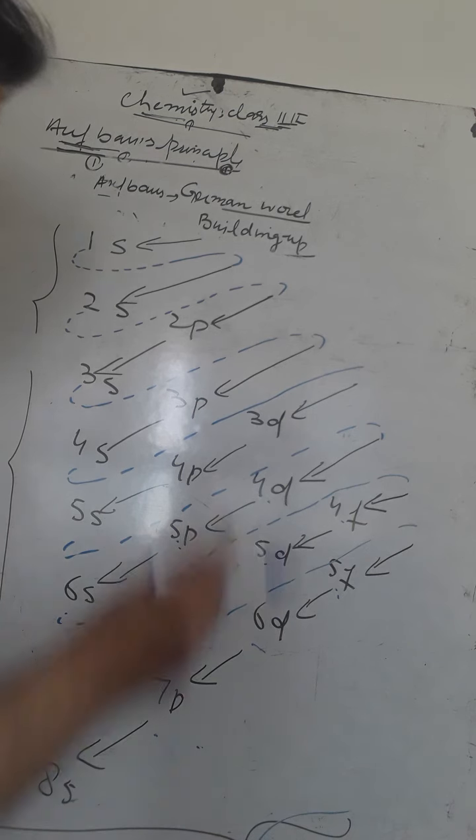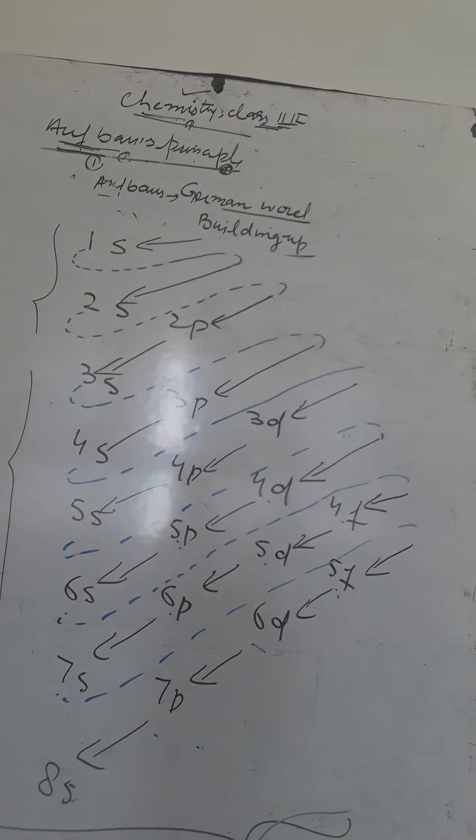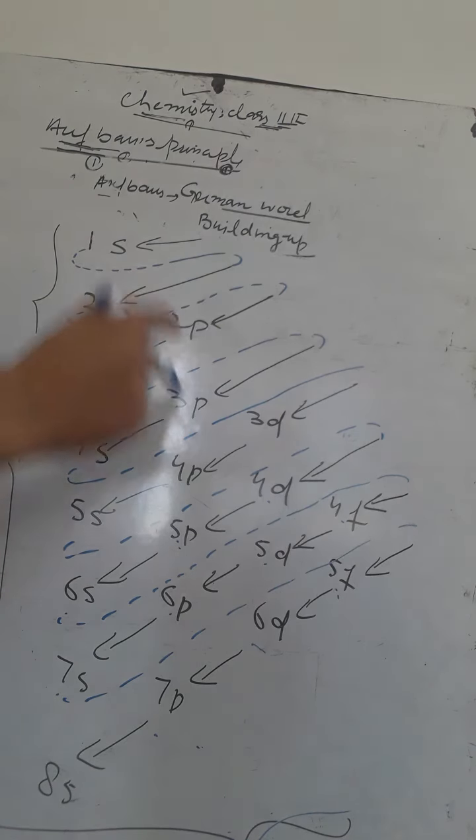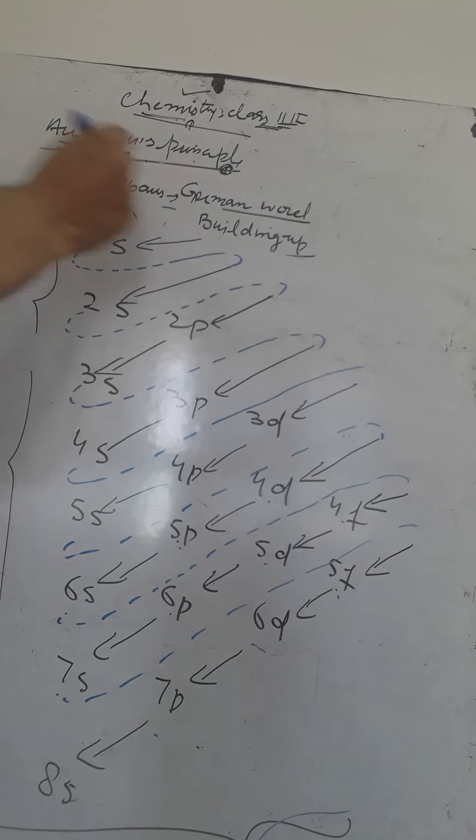In this way, this becomes the order of orbitals in order of the increasing energies, and in this order the electrons are filled in the orbitals. Okay? It is all about the above principle.